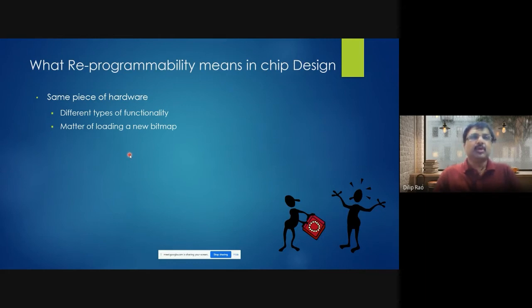It's the same piece of hardware behaving differently every single time. This is exactly the distinction with respect to an ASIC. In an ASIC, the functionality is fixed during fabrication, so nothing can be done to change that. Not even a single cell can be programmed or changed in any aspect, and that's where the risk lies.